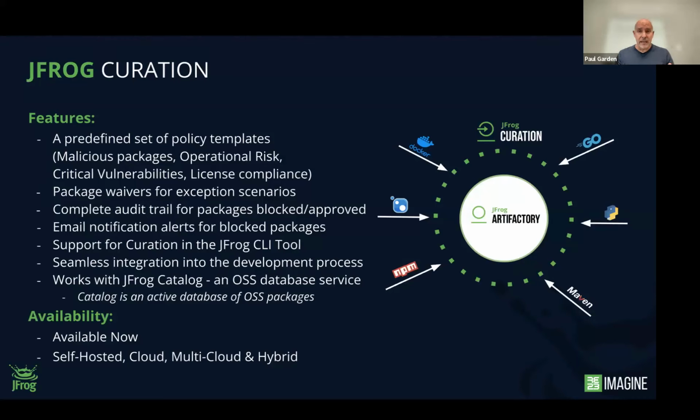Now, the big thing that curation brings, apart from the policies to keep things out, is an audit trail of everything that comes into the organization. Anything that comes through curation, gets approved, and goes into the repositories inside Artifactory is logged. Anything that's blocked is also logged. So the CIO, CTO, or CISO at the beginning, who said, I want visibility and control, has the visibility piece here.